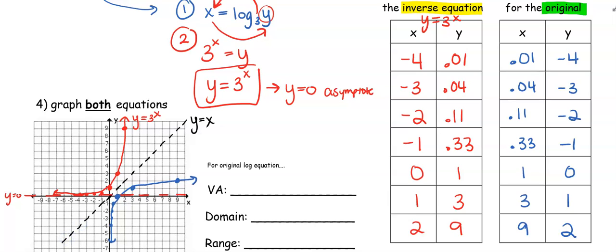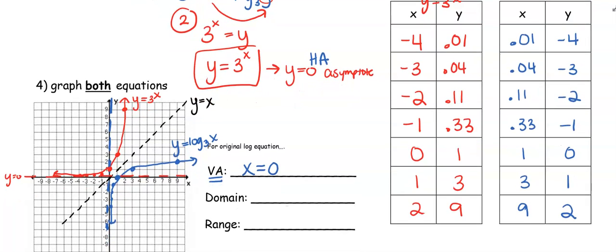So you can see how that graph is reflected over that diagonal line. Well, when that happens, it also reflects that asymptote. So now I no longer have a horizontal asymptote, I have a vertical asymptote. And that vertical asymptote, because it's a vertical line, is going to be at x equals 0. I'm going to make sure that I label this as y equals log base 3 of x.